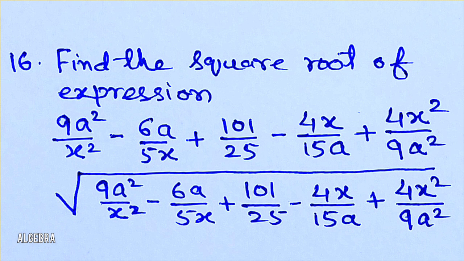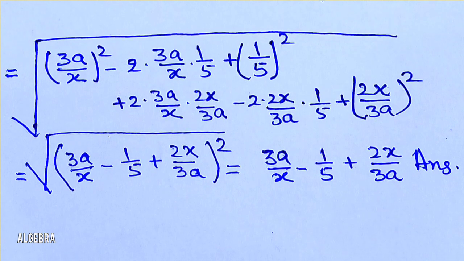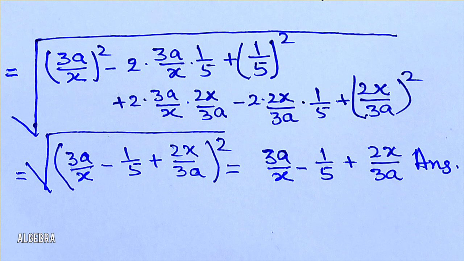Square root of this is equal to the square root of (3a/x)^2 - 2 into 3a/x into 1/5 + (1/5)^2 + 2 into 3a/x into 2x/(3a) - 2 into 2x/(3a) into 1/5 + (2x/(3a))^2, which is equal to the square root of (3a/x - 1/5 + 2x/(3a))^2, which is equal to 3a/x - 1/5 + 2x/(3a).